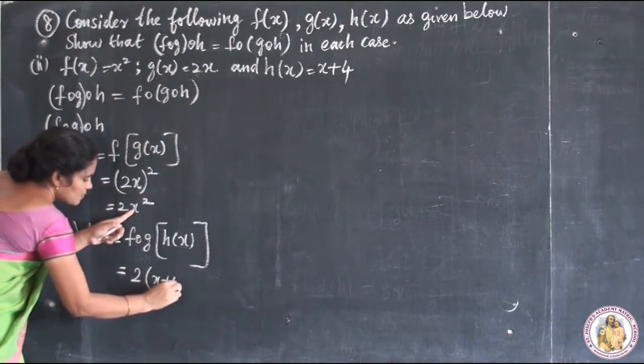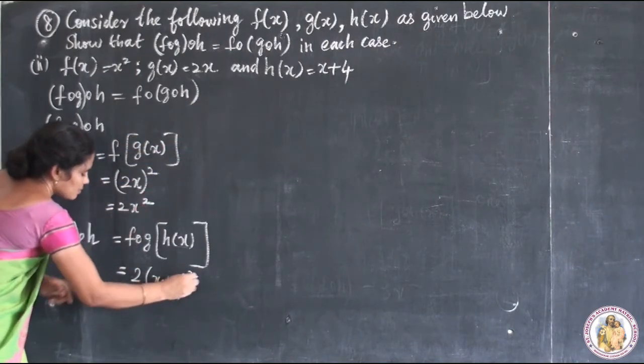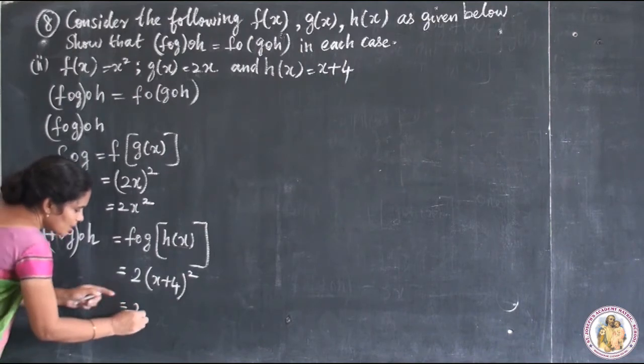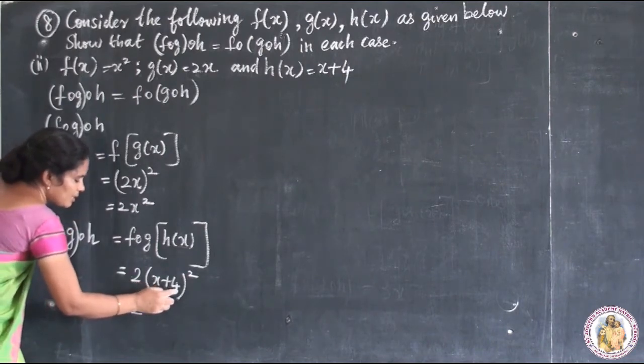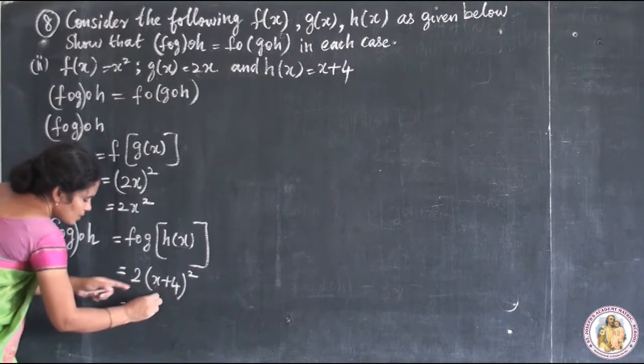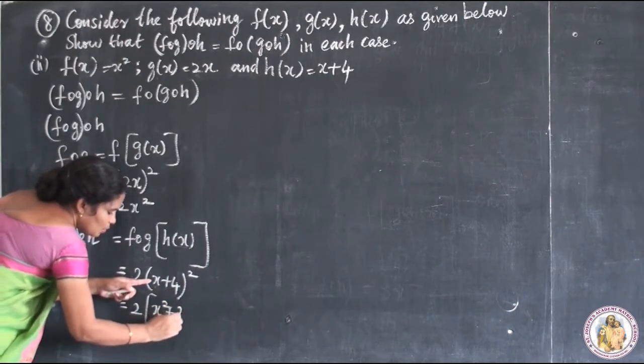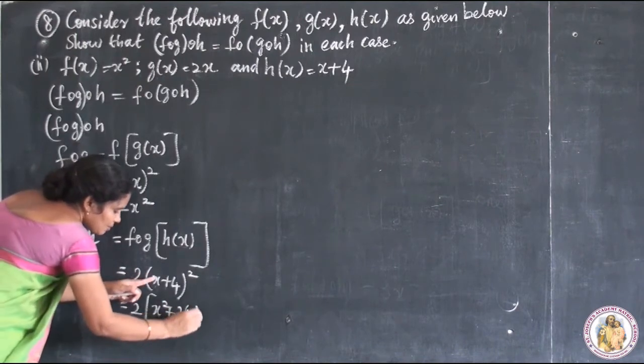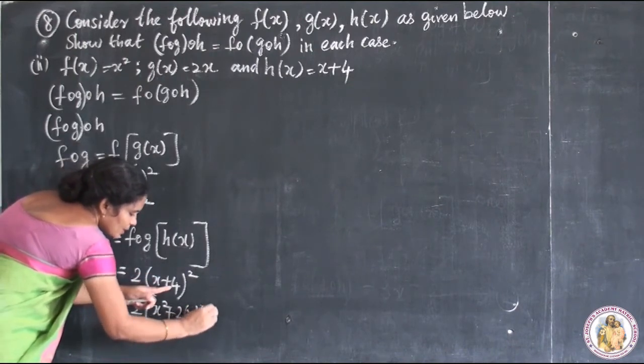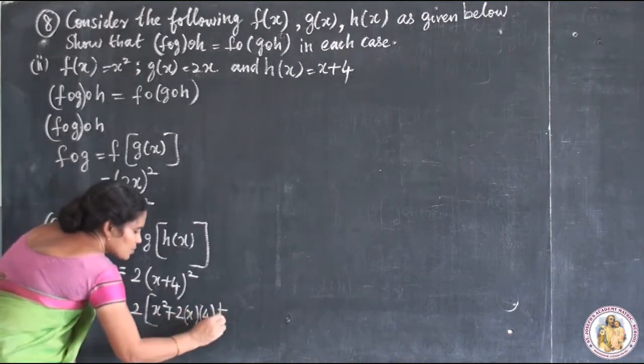So 2 times (x plus 4) square. Using a plus b whole square, that is a square plus 2ab plus b square, that is x square plus 2 into 4, and b square, that is 4 square.